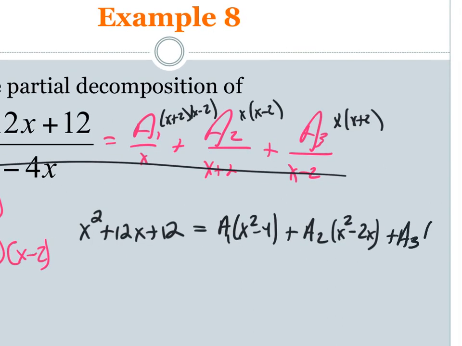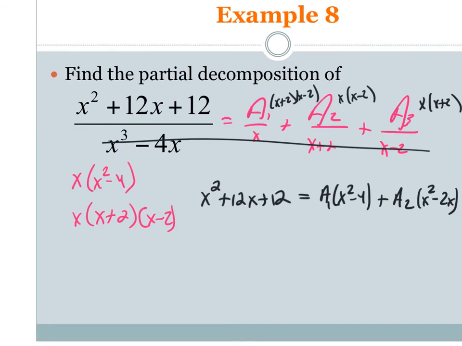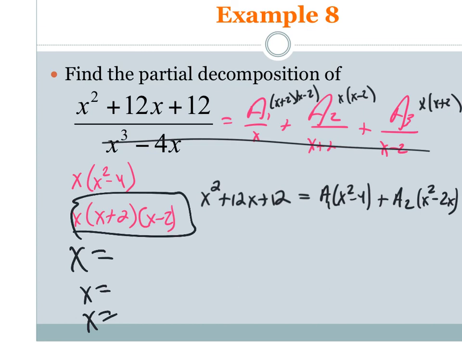Plus a sub 3 times x squared plus 2x. And then what 3 x values am I going to use if I was going to solve those? I'd have negative 2, positive 2, and 0. Yep. So you just plug it in 3 times. That's it. You'll find a sub 1, a sub 2, a sub 3.